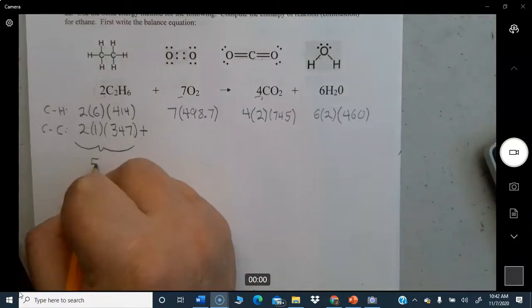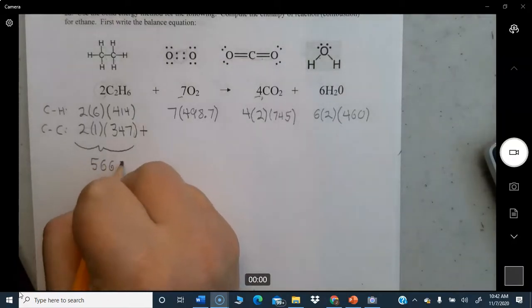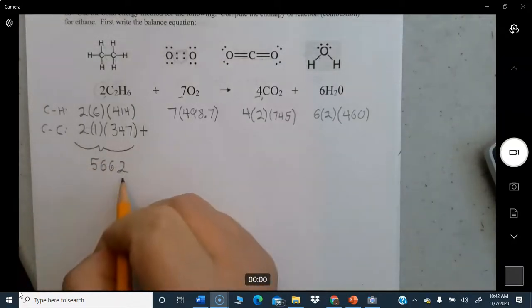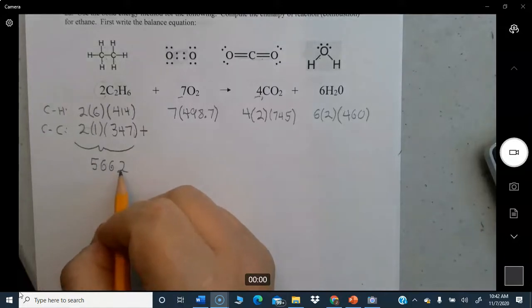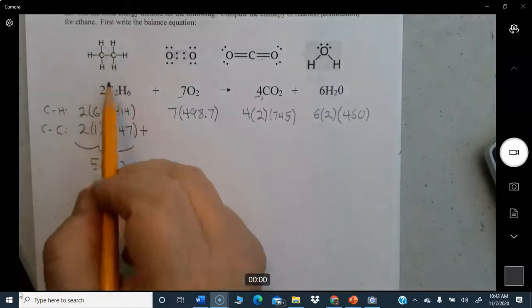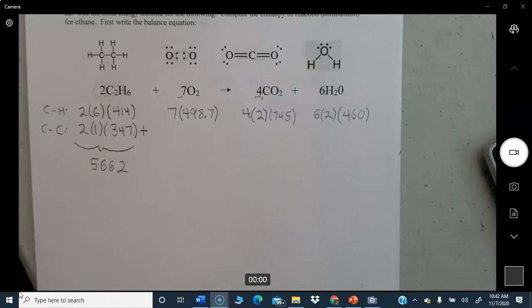And that gives us 5,662. Okay, and that's kilojoules that are going in, kilojoules that are in the bonds of 2 moles of ethane. Okay, come over here and you just have that single calculation there.